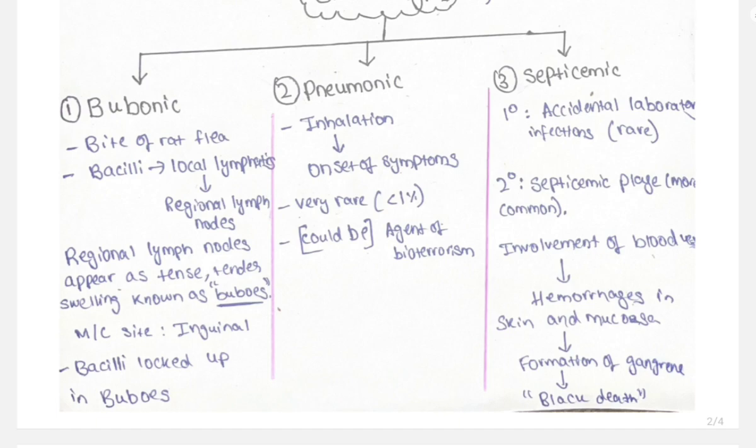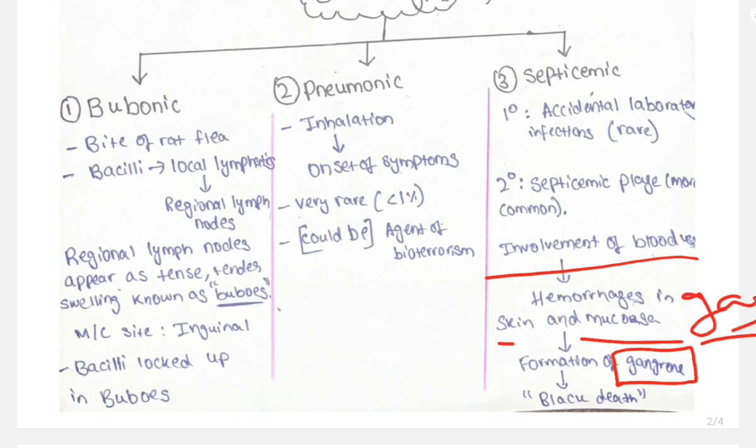In this infection, there's massive involvement of the blood vessels, and this causes hemorrhages under the skin and the mucosa. When these hemorrhages occur, there may be the formation of gangrene. We've studied in pathology and earlier chapters about gas gangrene. So from this idea, you can always remember that it is the cause of Black Death.